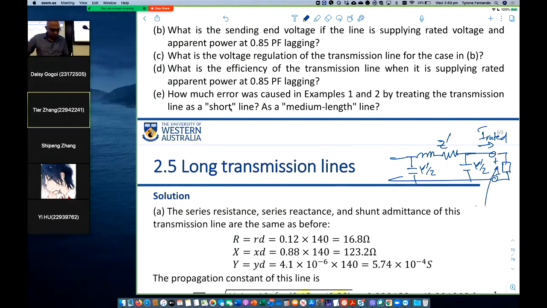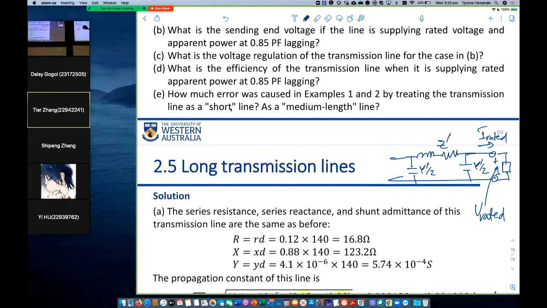This voltage here is V rated, and we've been told it's supplying all that at a power factor of 0.85 lagging. So when it's saying it's supplying the rated current to a load which has rated voltage across it, and talking about a power factor, it's talking about the power factor of the load.